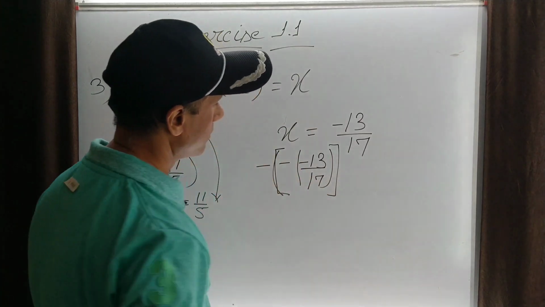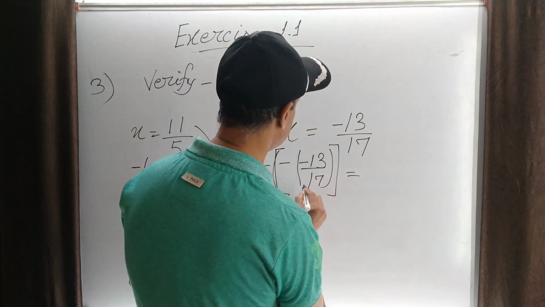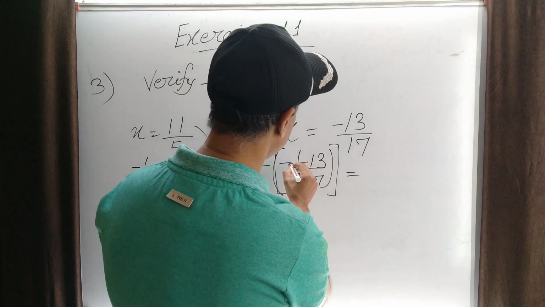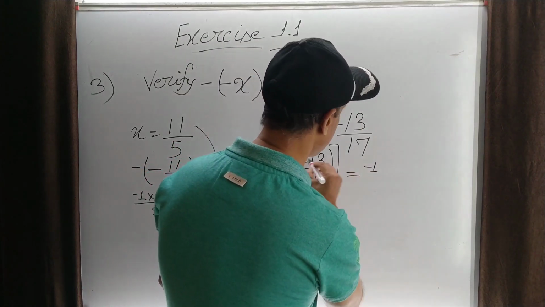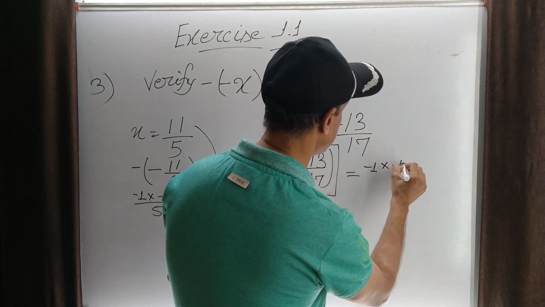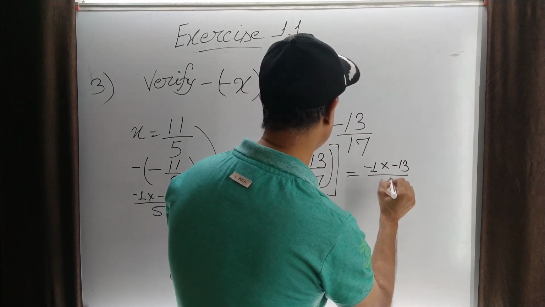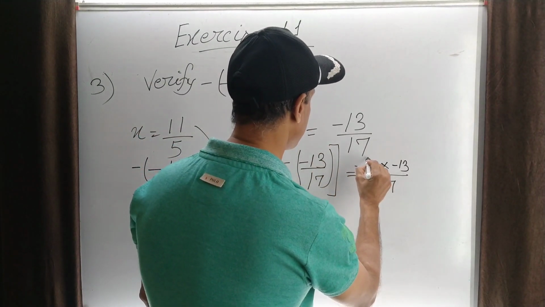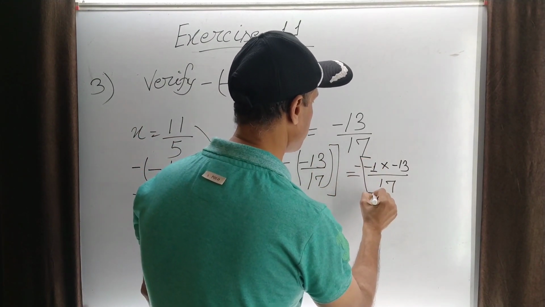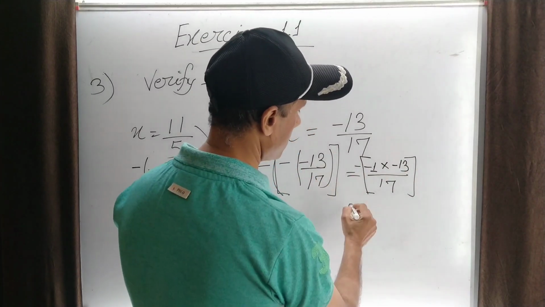This equals minus 1 multiplied by minus 13 divided by 17 inside the square bracket, and we have to retain this minus sign outside the bracket.